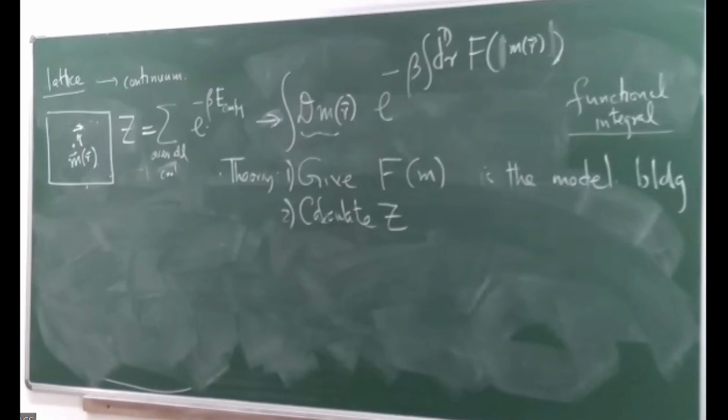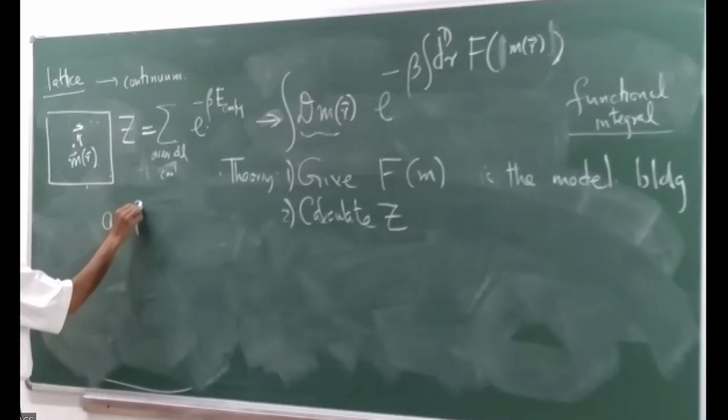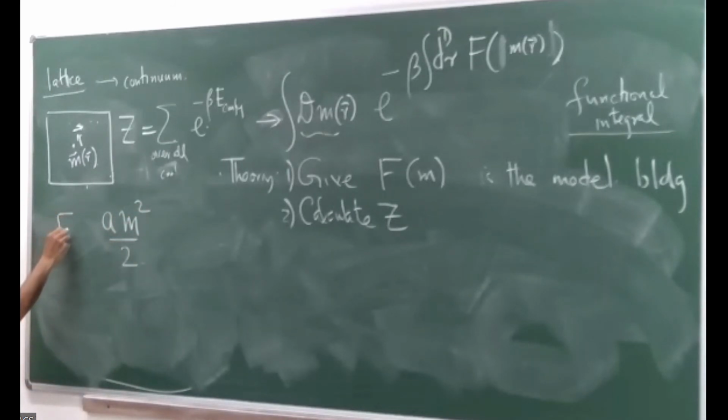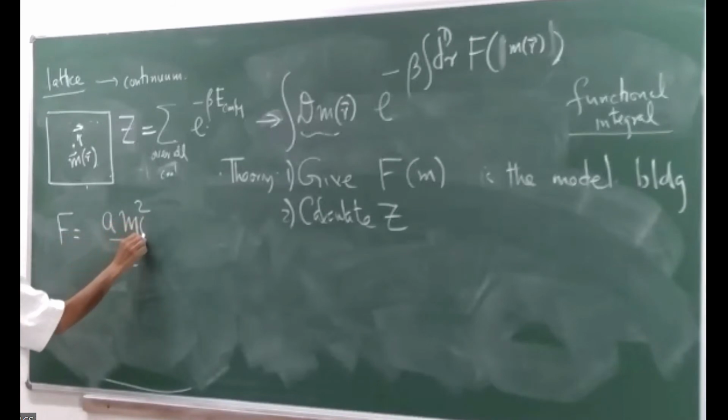Obviously, the first thing that you would look for, and unfortunately the only thing, as it will turn out, is a quadratic, which is not so bad. So a times, that is my f. So f is equal to a by 2 m of r squared.